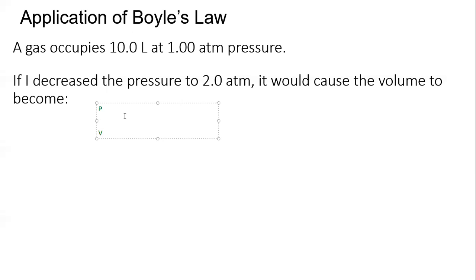So usually I like to use a table. So we have pressure and volume. We have the initial, the final, and our prediction. Yeah, that's correct, it should be increasing. My bad. We increase.